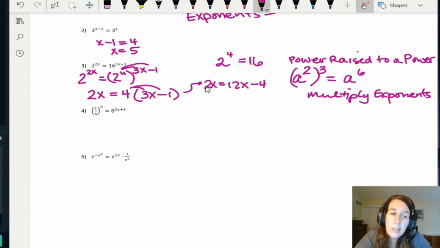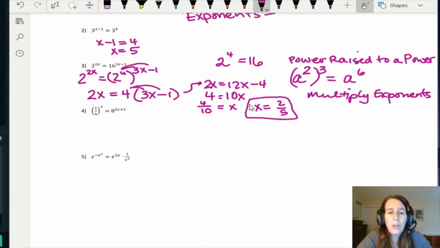Okay, let's combine the x's on the right side and move the 4 over to this side. So in other words, 12x minus 2x gives us 10x. Add the 4 to the other side. And now let's divide both sides by 10 to get the x by itself. So 4/10. Okay, and we could simplify that. x would be equal to 2/5.